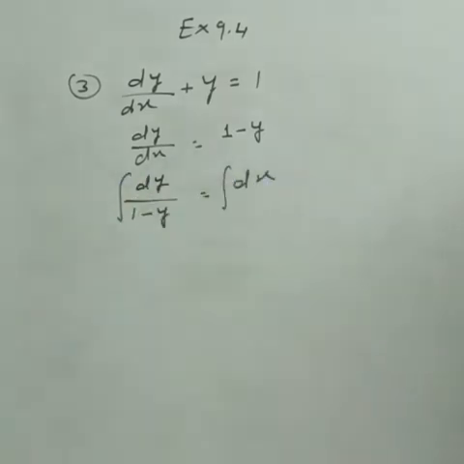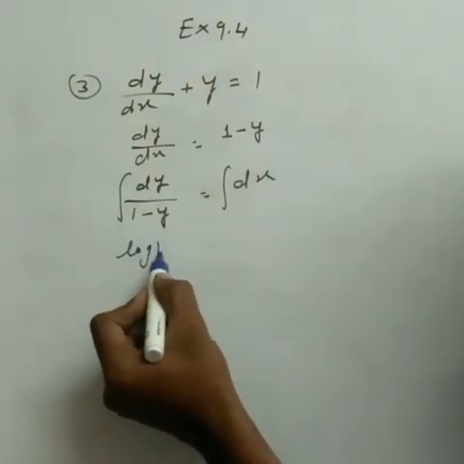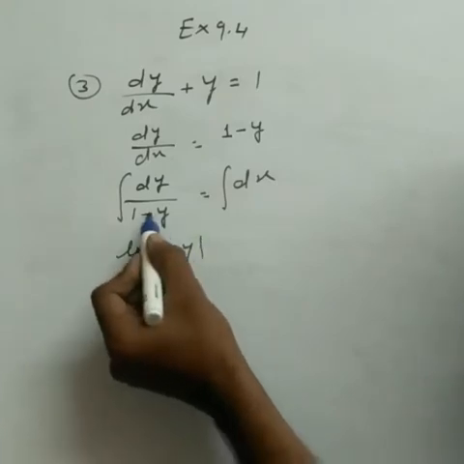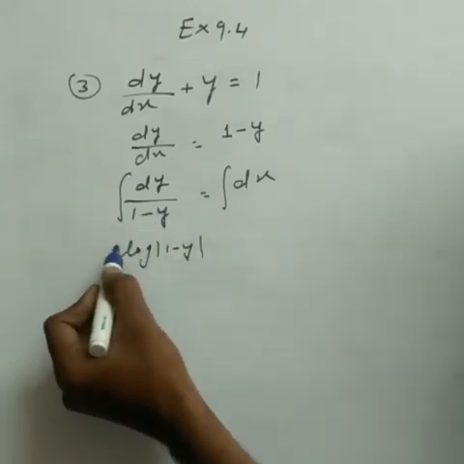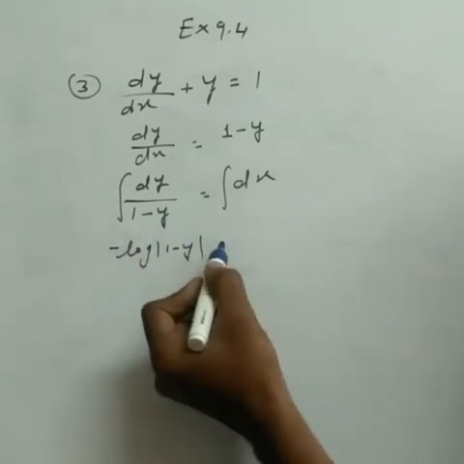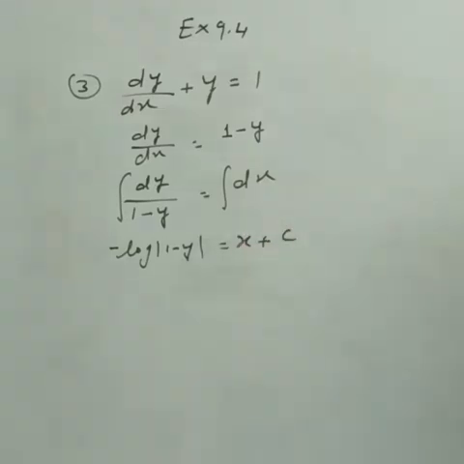Now the variables are separated. We can integrate it. The integration of this one is log of 1 minus y. The coefficient of y is minus, so I am writing here minus log of 1 minus y equal to x plus c. This is the answer.